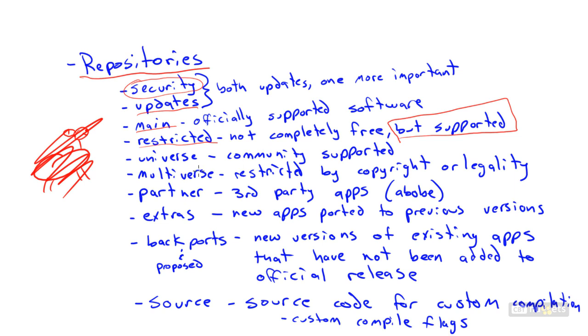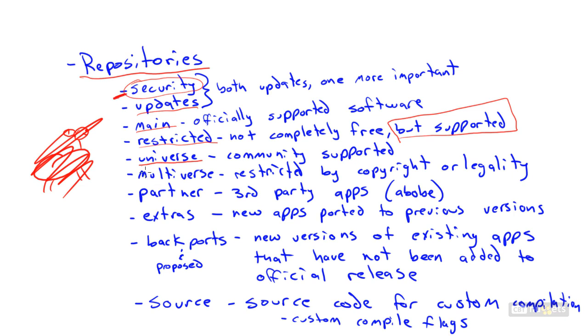Now, the Universe repository is community supported. This has tons and tons, thousands and thousands of packages, but they're not officially supported by the Ubuntu team. This doesn't mean it's going to break your install. It just means that the Ubuntu or Canonical isn't searching for things like security errors.